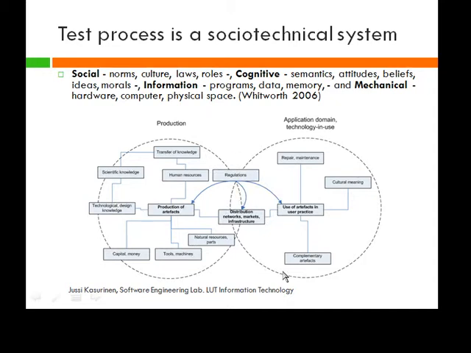And of course, in the application domain, there's the use of the artifact in user practice, which has to be thought in when testing the product, and how it is joined to other similar works, how it's repaired, how it's maintained, and the cultural meaning.